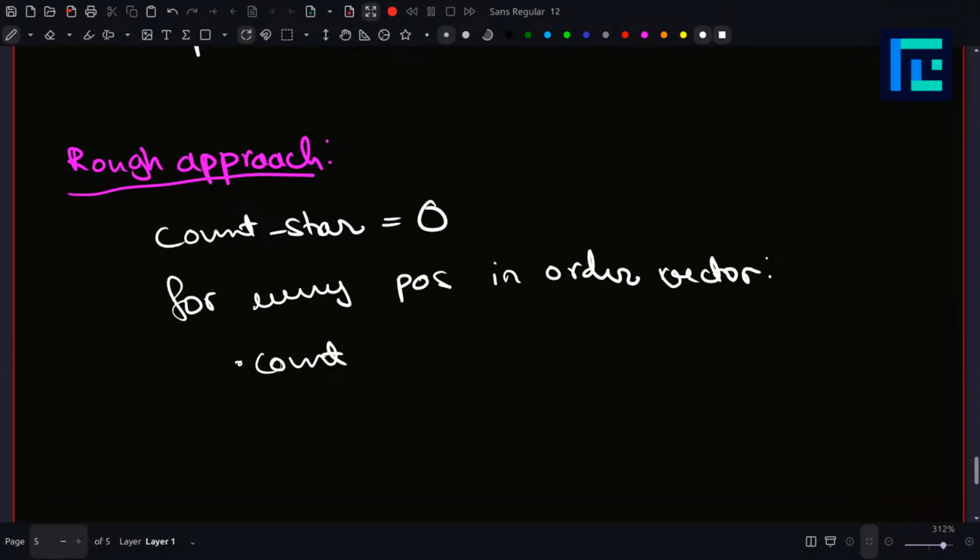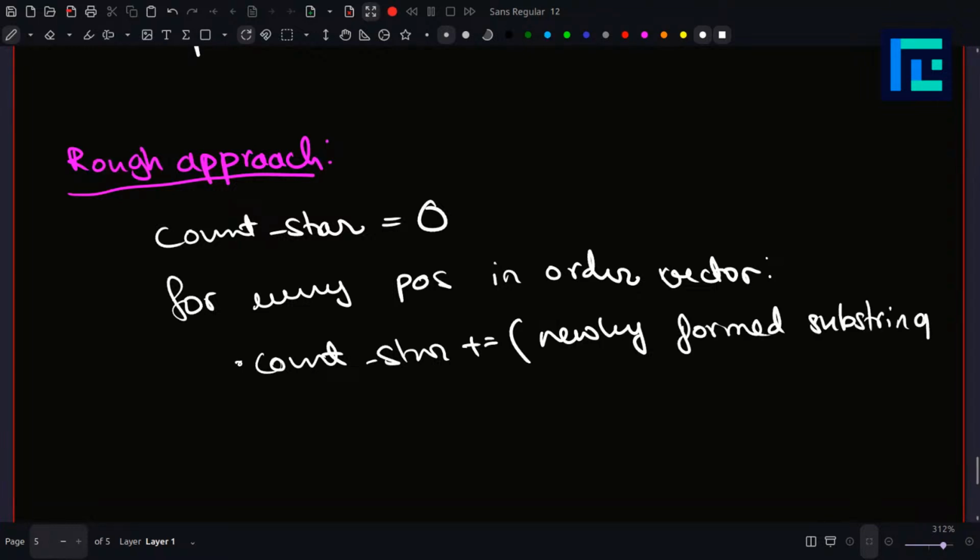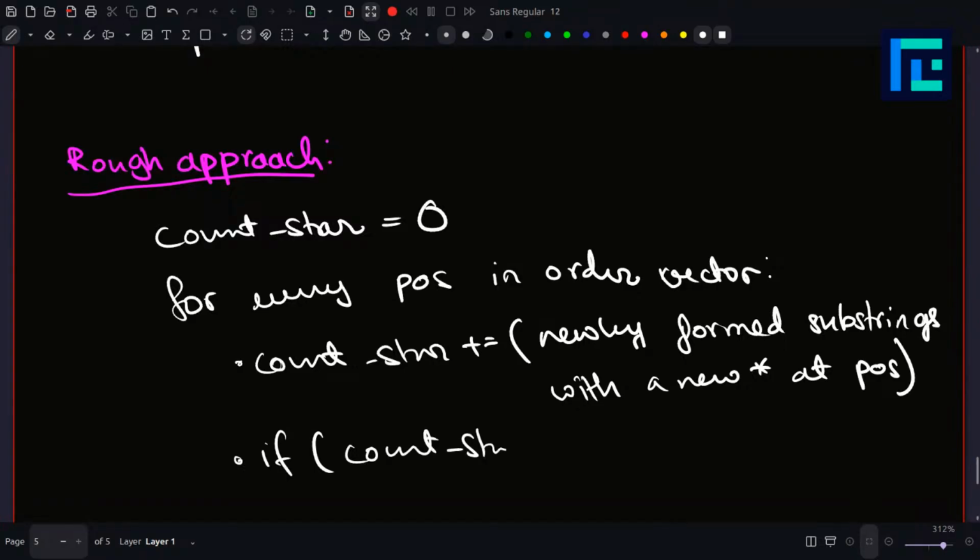Count star plus equals the newly formed substrings with a new star at this position. Then we simply check if the count of star substrings has become greater than or equal to k. In that case, we can return i.